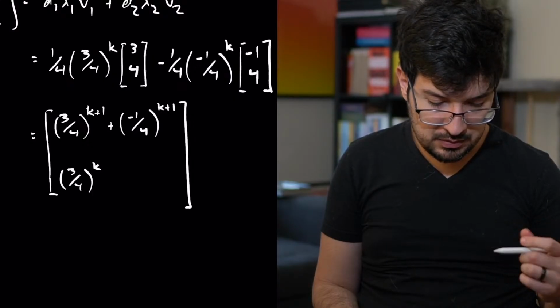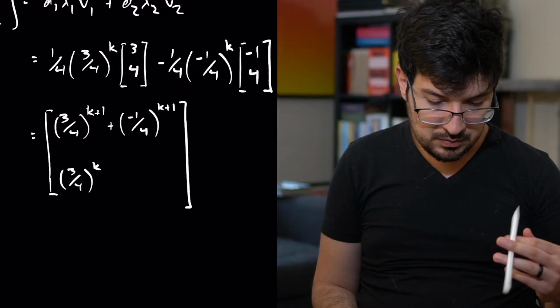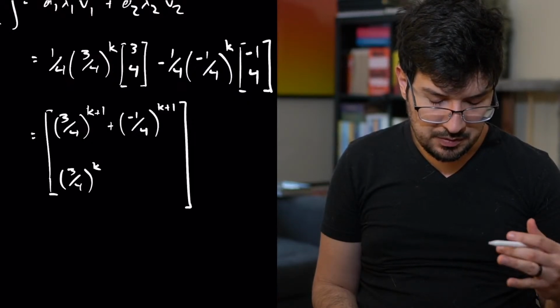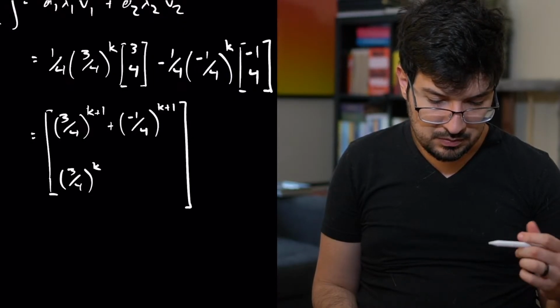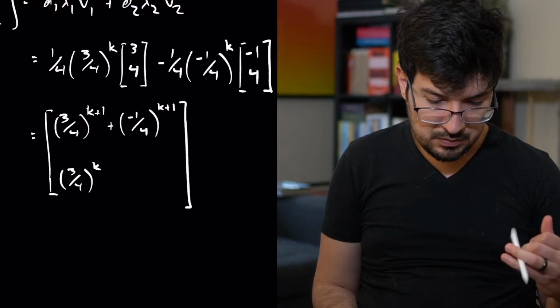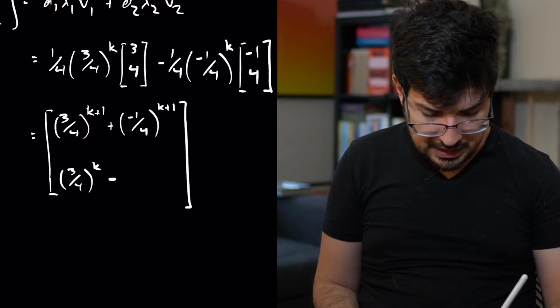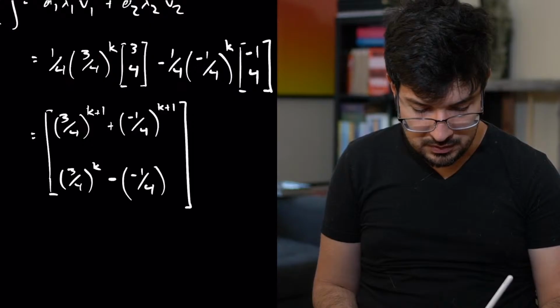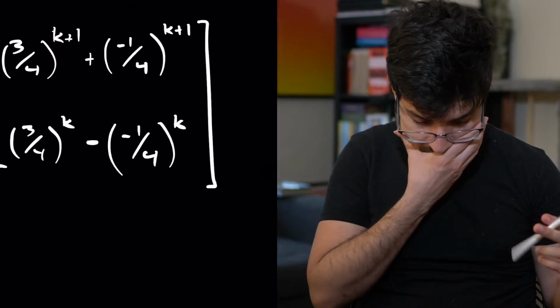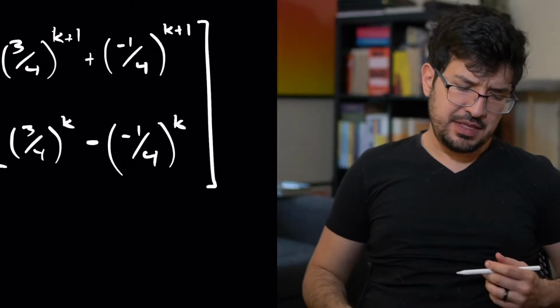Why am I super nervous about the... Yeah, so this is minus negative 1/4 to the k. Yeah, I can't distribute that negative, right?